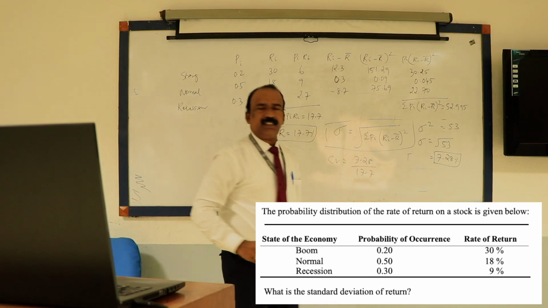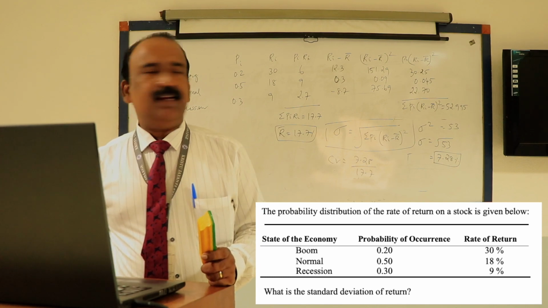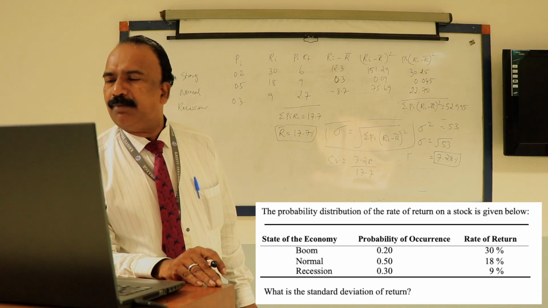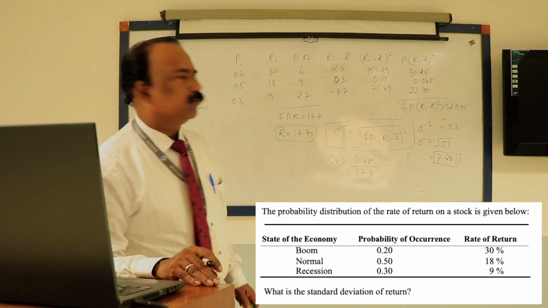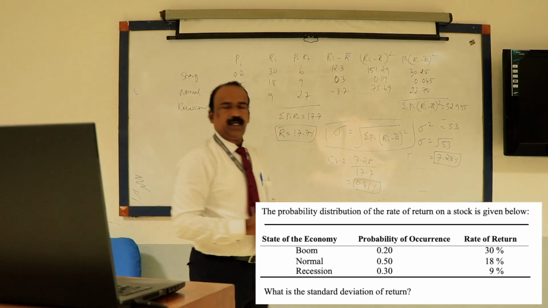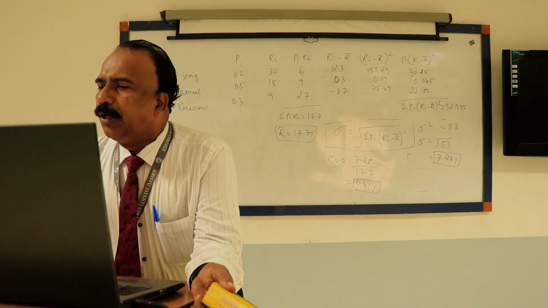Both are in percentages, so you need not multiply by 100. That comes to 0.41.